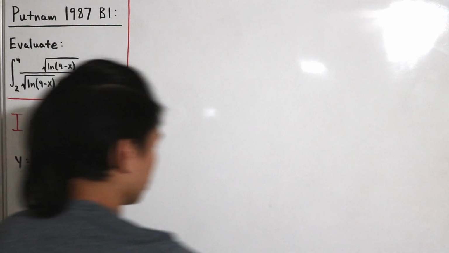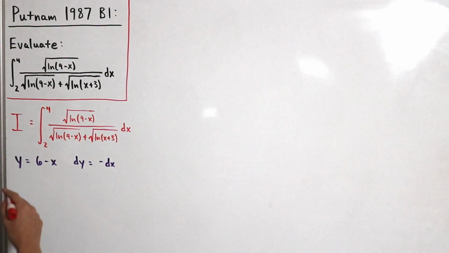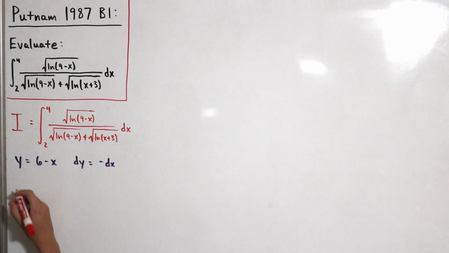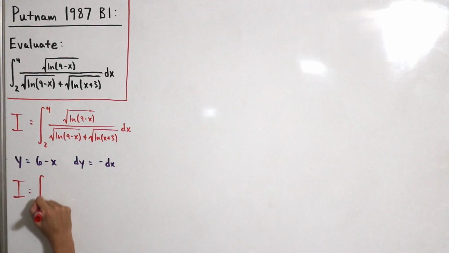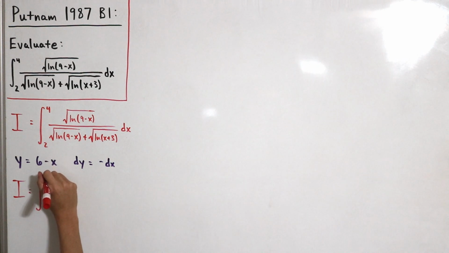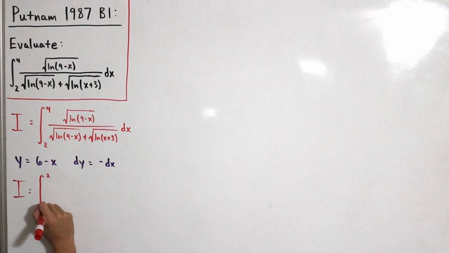Now just replace the pieces back together, and we also get our new bounds. We still have capital I. If we plug 4 for x, the new bound in terms of y is 2, and if we plug in 2, the other bound is 4.